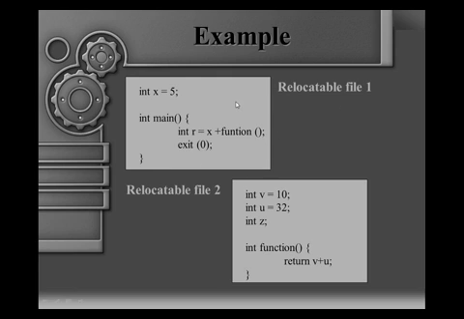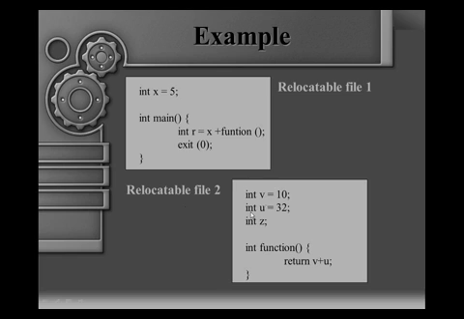So relocatable file 1 initializes the variable x as 5, and r is an int variable holding 5 plus function.